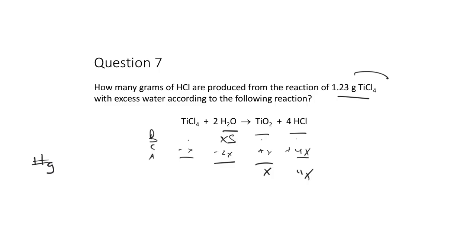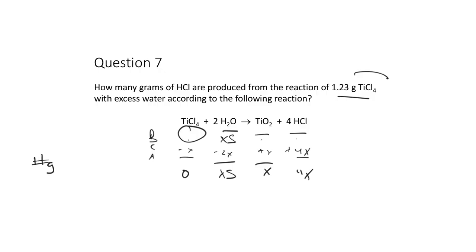We still have our excess of water, and then none of the limiting reactant, titanium chloride. So we'd want to convert 1.23 grams to moles to plug into this chart, and it would allow us to solve for x, and then we'd have 4 times x for HCl.